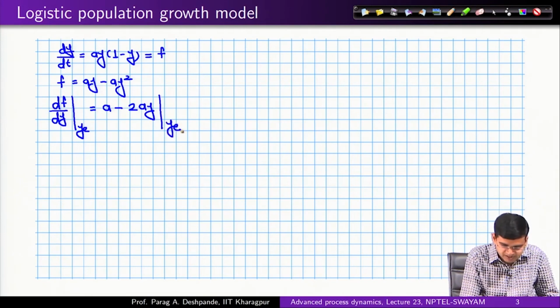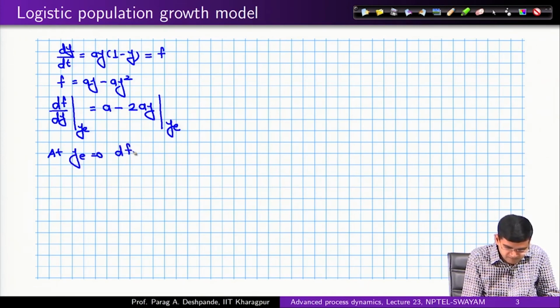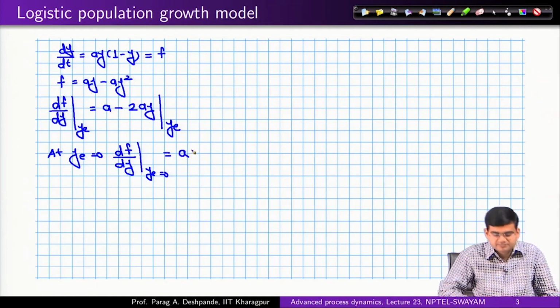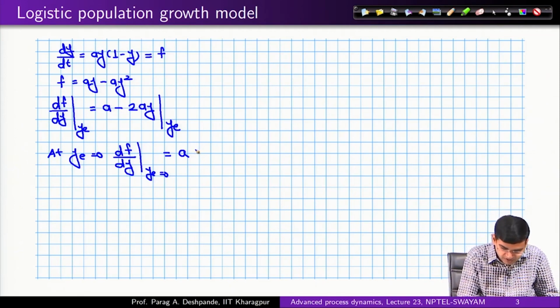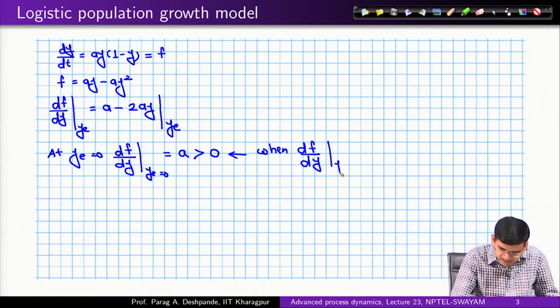determined at y equilibrium. So, at y equilibrium equal to 0, df by dy at y equilibrium equal to 0 is a, right. And in our case, in the phase portrait which we drew, a is greater than 0. So, when df by dy at y equilibrium is greater than 0, the system is unstable.